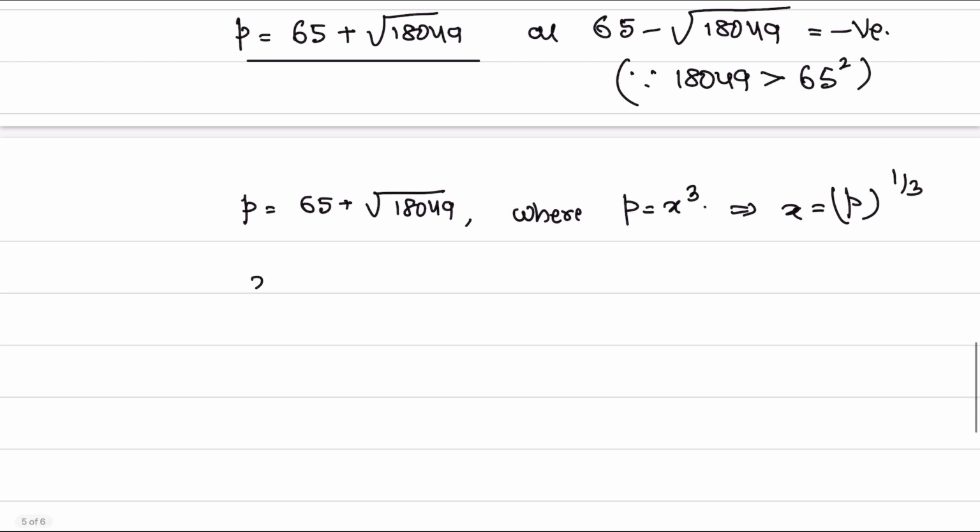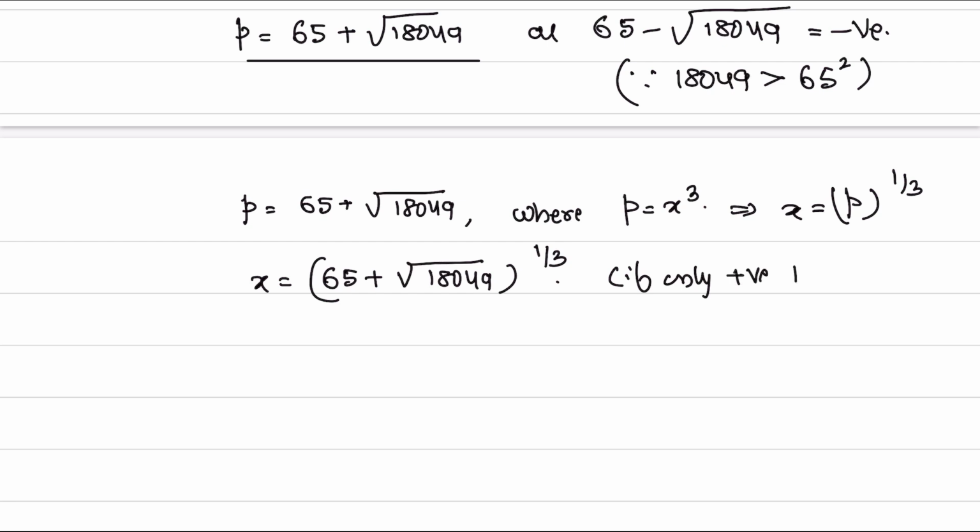That means x is equal to 65 plus square root of 18049 to the power of 1 by 3, if only positive real values are considered.